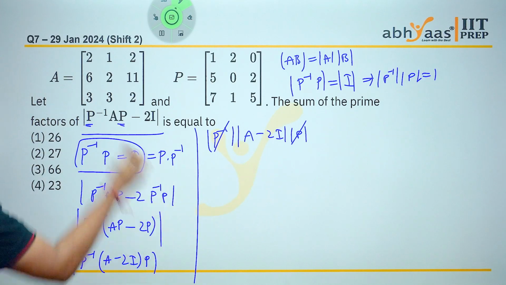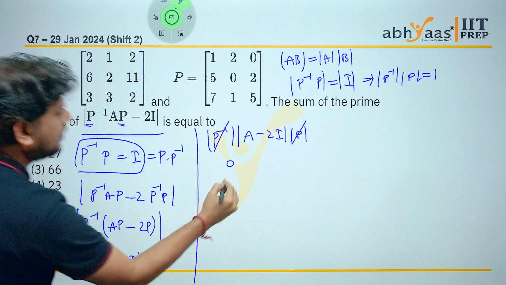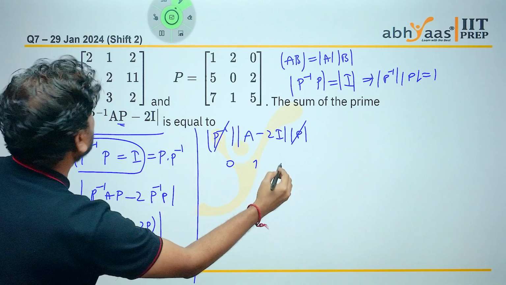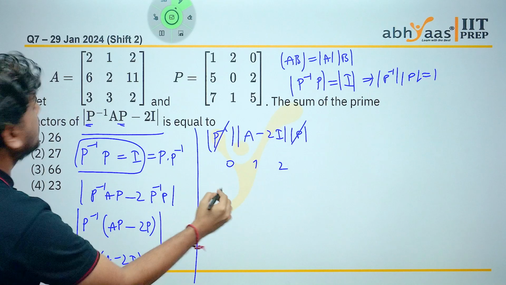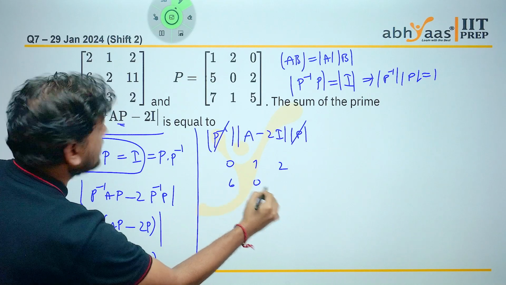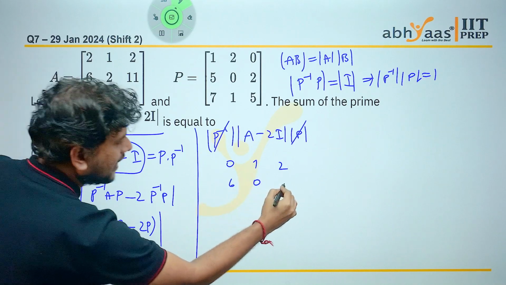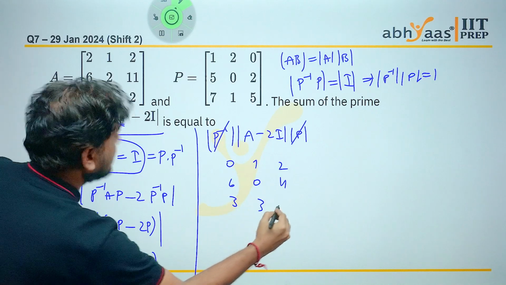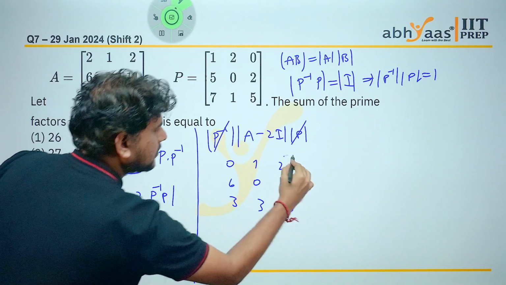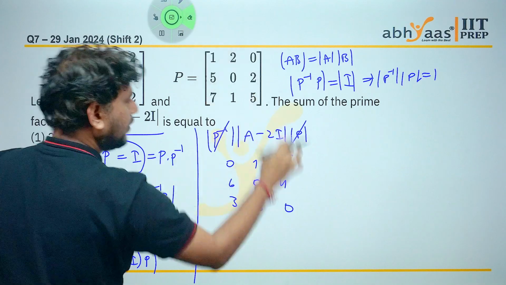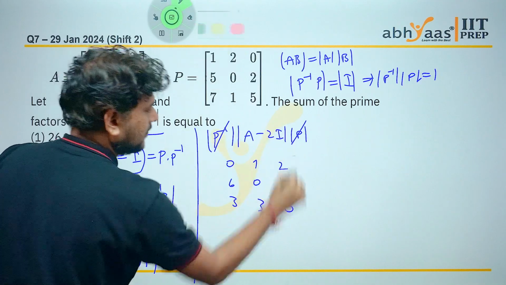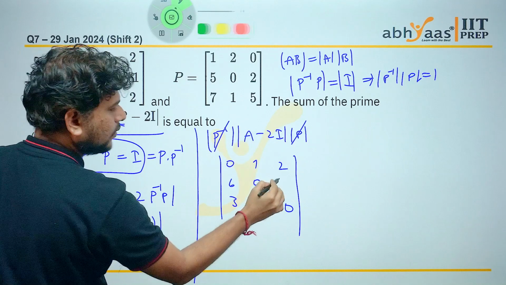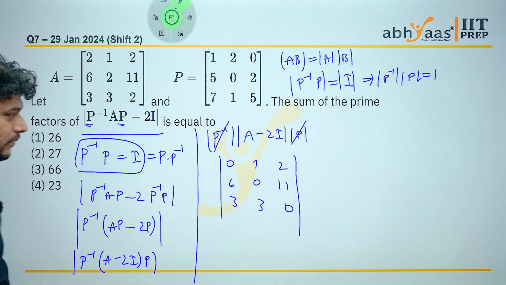So A minus 2I will be 2 minus 0, 2 minus 2 is 0, 1, 2 minus 0 is 2, 6 minus 0, 2 minus 0, 2 minus 2 is 0, 11 minus 0 is 11, 3 minus 0, 3 minus 0, 2 minus 2 is 0. We are doing determinant, right? So we have to find the determinant value of 0, 1, 2, 6, 0, 11, 3, 3, 0.